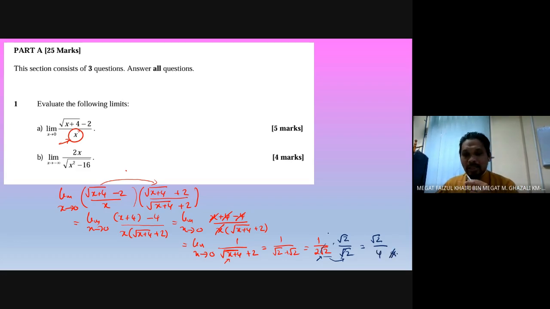But class, if you leave your answer until here, which I think is more than enough. Kalau dia kata nak yang dalam, if the answer is wanted without the surd on the denominator side, then you might only lose 1 mark, but at least you can get at least 4 out of 5.